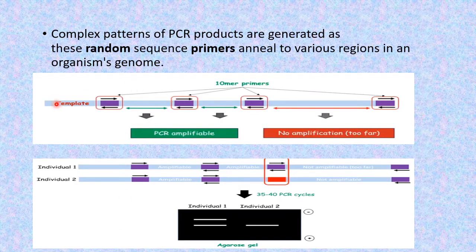Now see, when we incubate the template DNA with these random primers, they are short sequences, say decamers, 10 nucleotide sequences, but they are not exact complementary sequences of a known part of the DNA template. That means they are random sequences, and their complementary sequences may be present anywhere on this template.